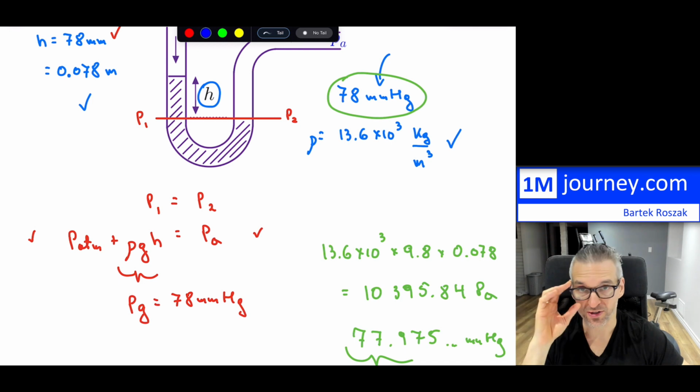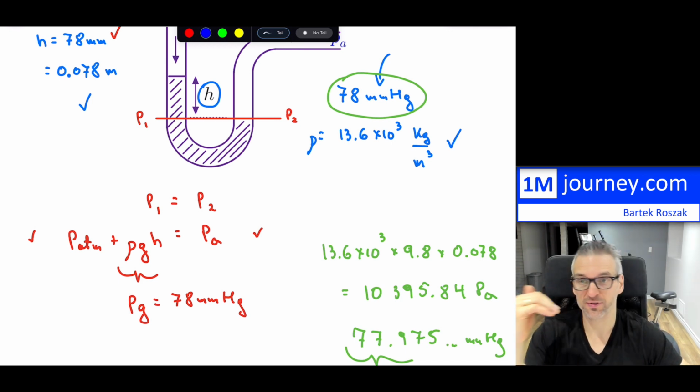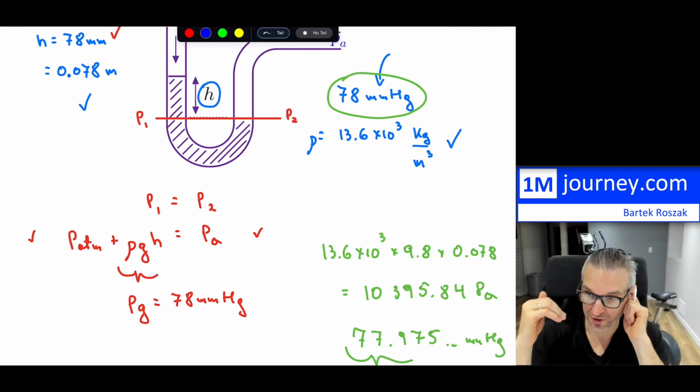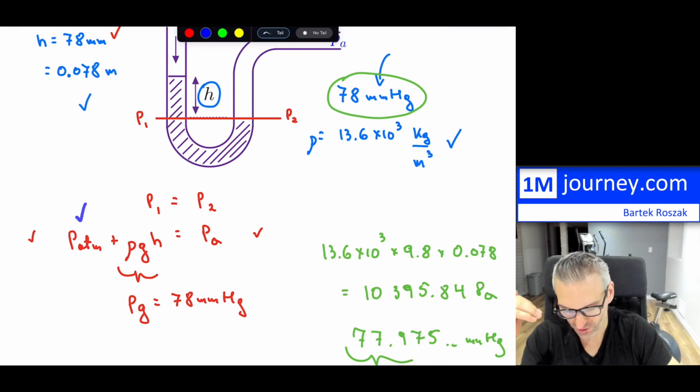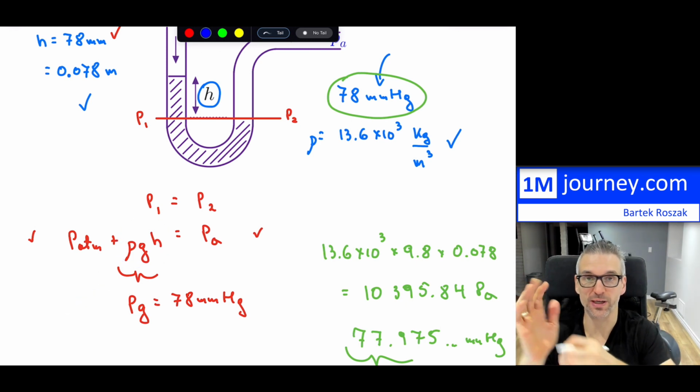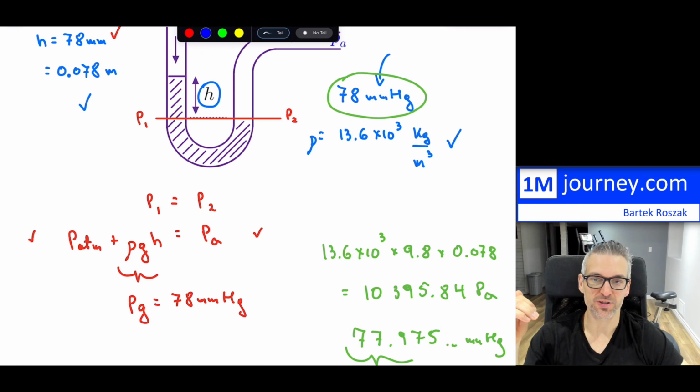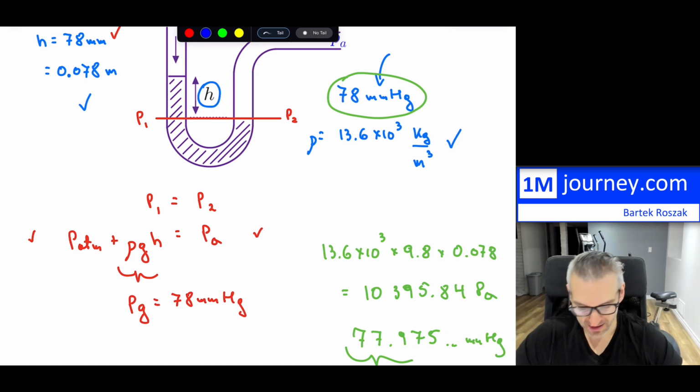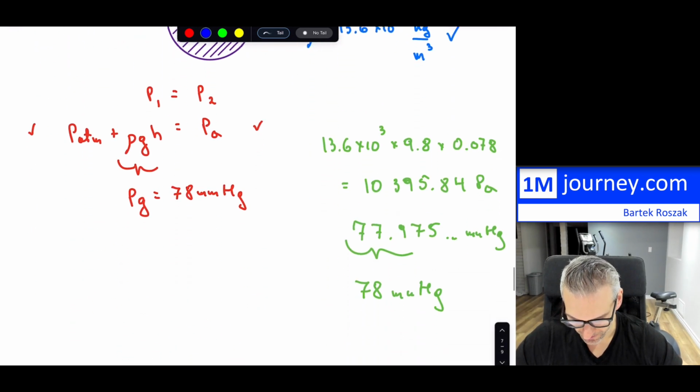But as long as you're around the Earth's surface, that atmospheric pressure is always present, so really this is the only change. That means the blood pressure is 78 millimeters of mercury higher than the atmospheric pressure. So that's another really nice example here.